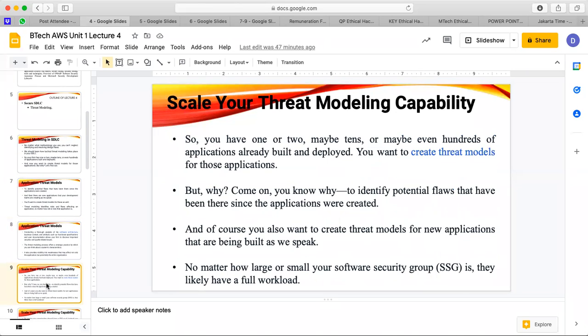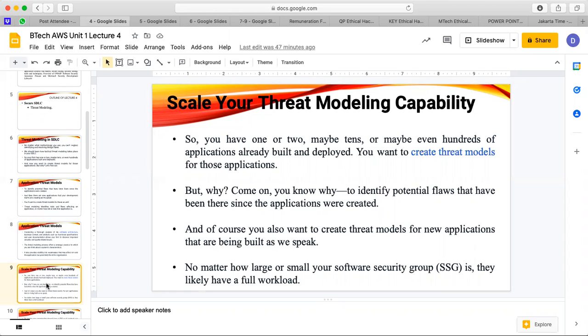So, how do you scale your threat modeling capability? You have one or two, maybe tens or even hundreds of applications already built and deployed, and you want to create threat models for all those applications.